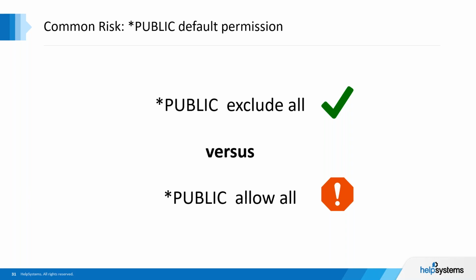What we're doing here is just rating this against the opposite version, which is the public allow all, and unfortunately, that is the default state of IBM i. So if you just bring in a new server and you boot it up and you create some files and you don't make any changes to the settings, then every file that you create allows the user to not only see the data, but also change the data and delete the data. And this is a dangerous default configuration that has to be changed, but rarely is.